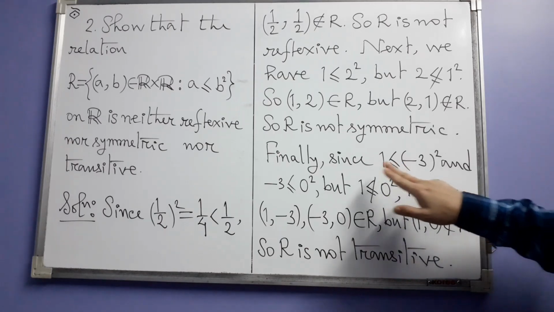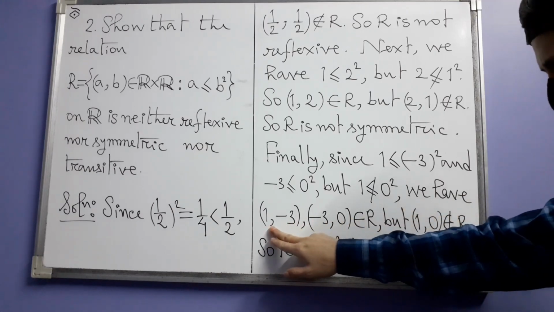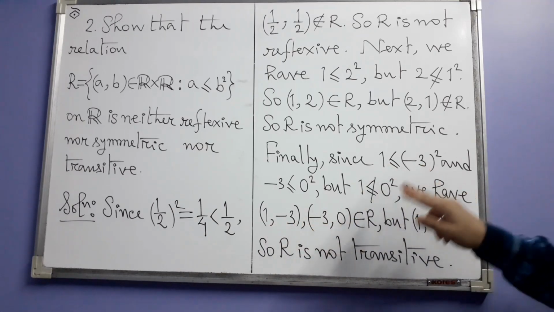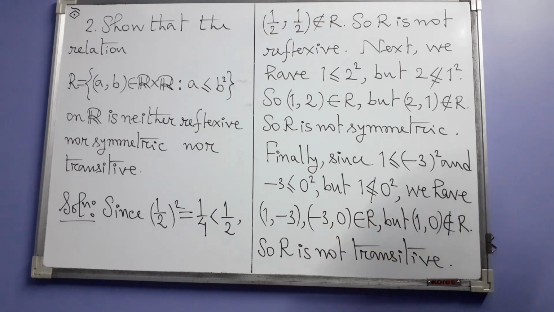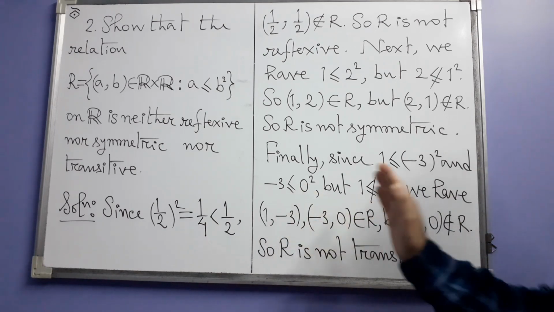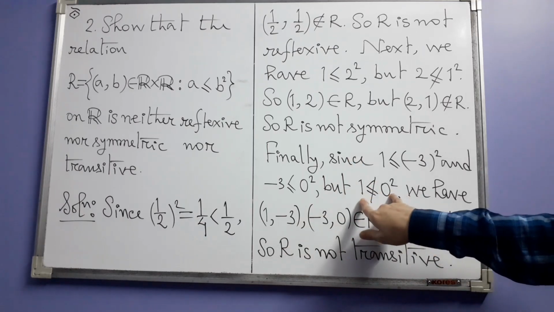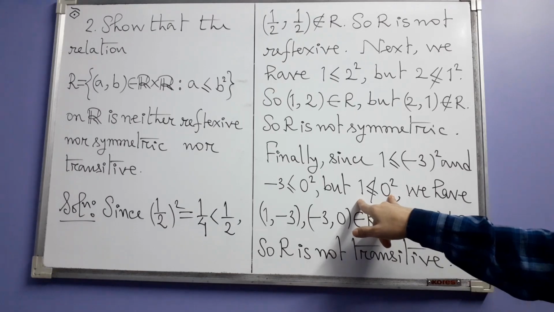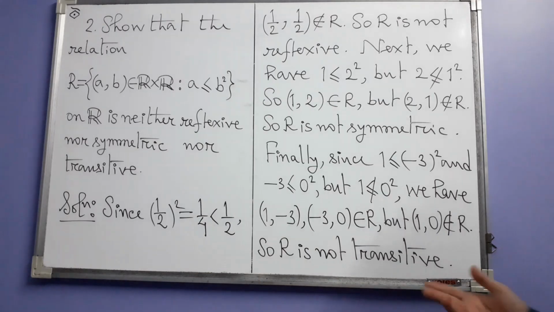So this inequality and this inequality give us respectively the fact that (1, -3) and (-3, 0) are both elements in R. That is, 1 is related to -3 and -3 is related to 0. But because you do not have this inequality, (1,0) is not in R. So R fails to be transitive. So that's the solution.